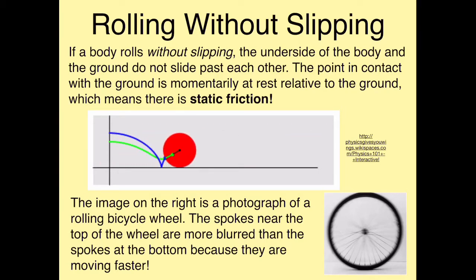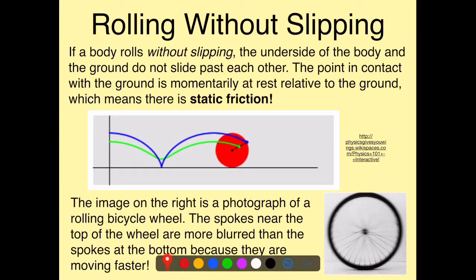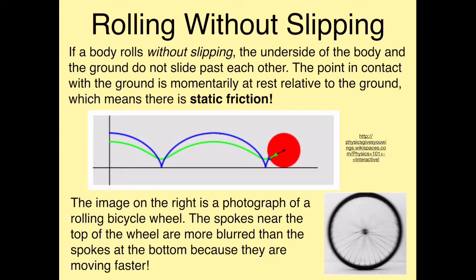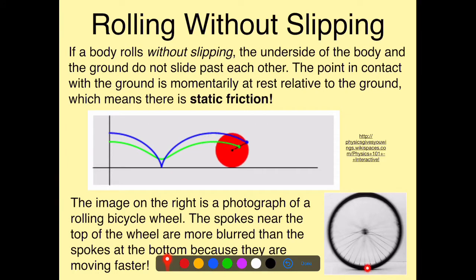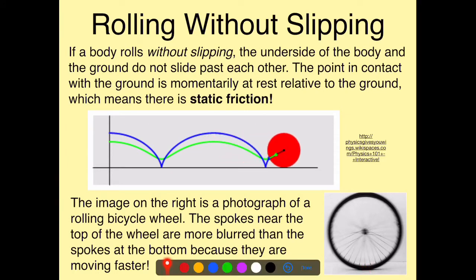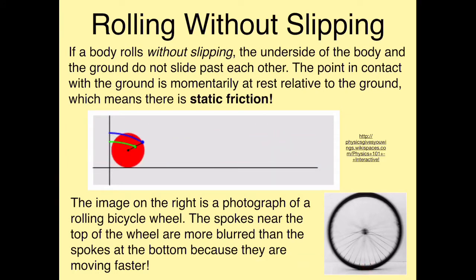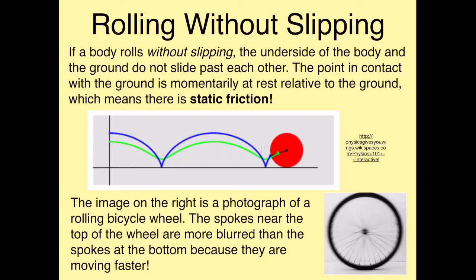The very top of the wheel looks very blurry because that part is moving very fast. But at the bottom, there's less blurring, meaning there's less motion. In fact, the very bottom of the wheel that's in contact with the ground is, again, momentarily at rest relative to the ground. So that's the idea of rolling without slipping.